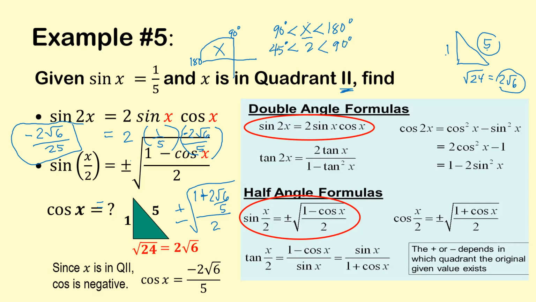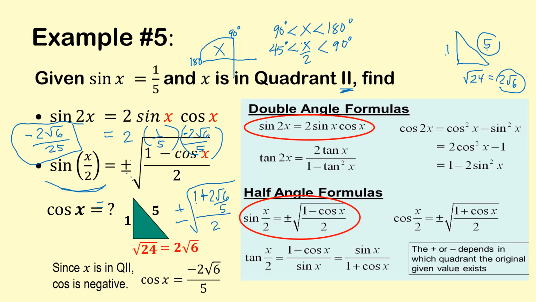So that means yung x over 2 natin, yung gitna, is between 45 and 90, meaning positive. Okay? So, ibig sabihin, yung sign of sine of x over 2 will be positive. So, we take the positive root.